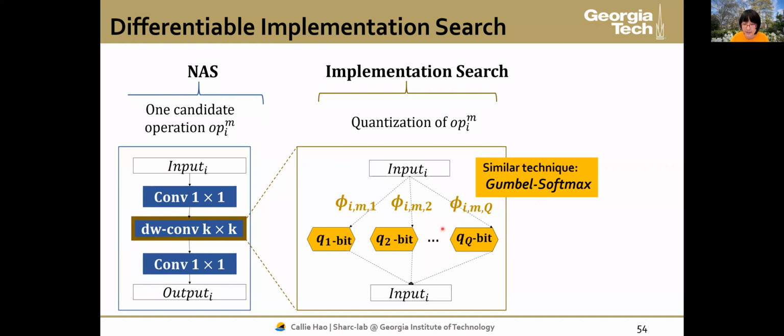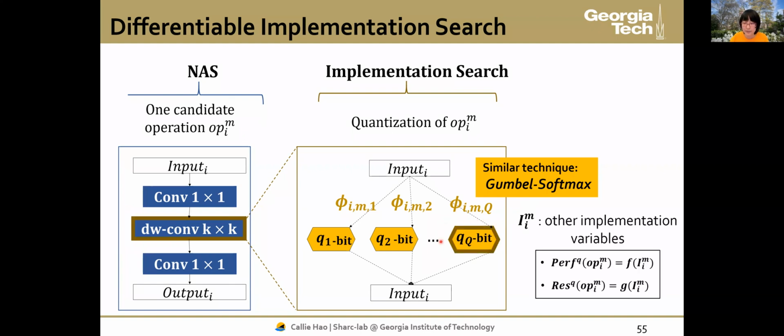And then the next question. Well, I want to throw in more implementation search variables. How can we do that? The answer is we can put other implementation variables in this block. Let's say it's IM, and as long as we can formulate this block's performance, and we can formulate its resource, and as long as this formulation here, F and G, is differentiable with respect to the loss function, we can also change these other implementation variables during the search.